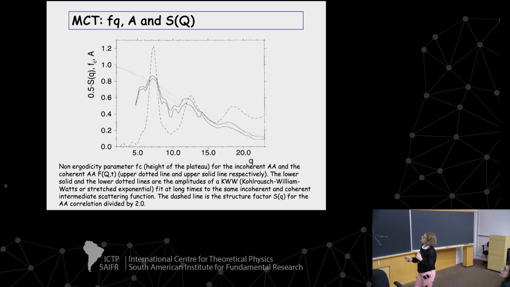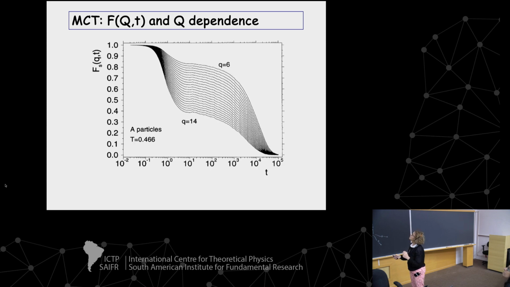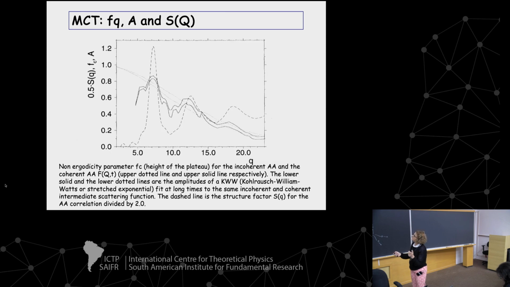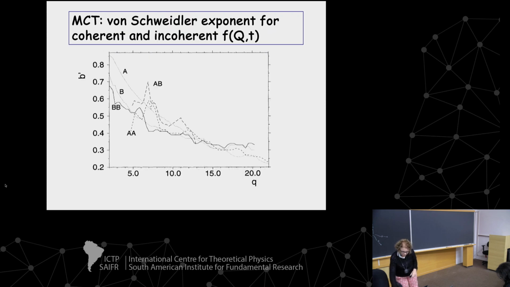And it is very similar to this dashed curve, which is the S of Q. While the Lamb-Mössbauer factor, which is the one connected to the incoherent part, is decaying. The plateau, as a function of Q, is decaying, as you have seen in the previous slide.